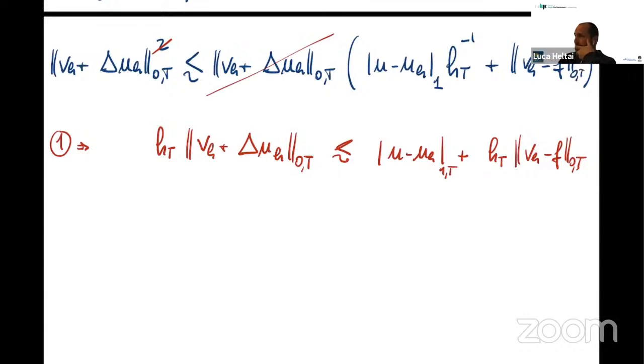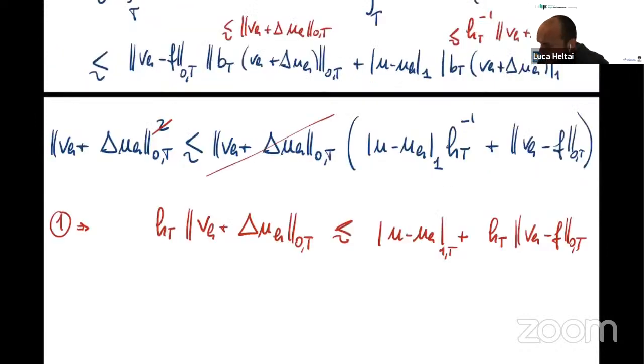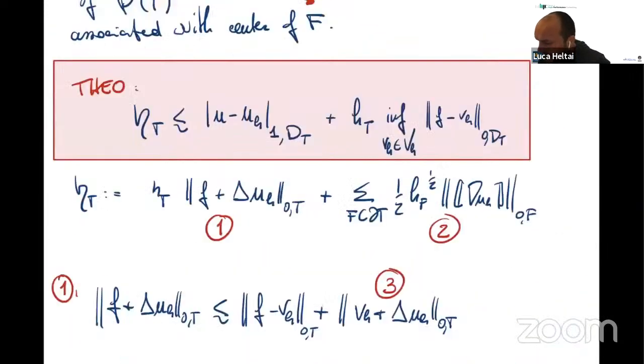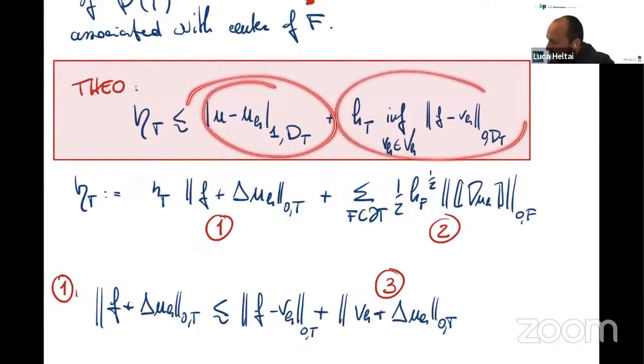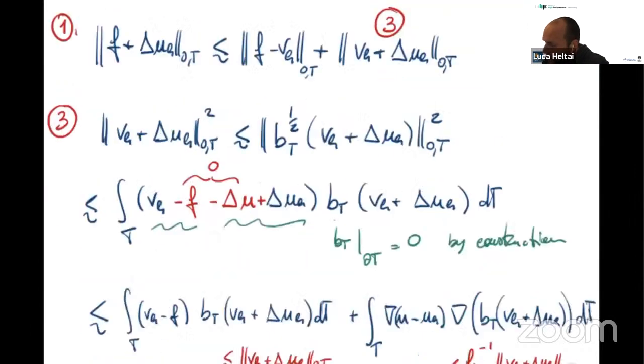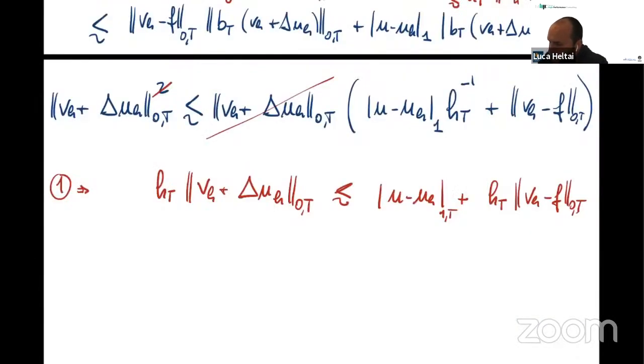Okay? So the first term is controlled, and this is exactly what we needed. If you look at the inequality that we have over here, the first part is controlled by one term and one term, and I have exactly this here, taking the infimum over v, and this is for any vh in capital Vh. So this is valid for any vh, okay?